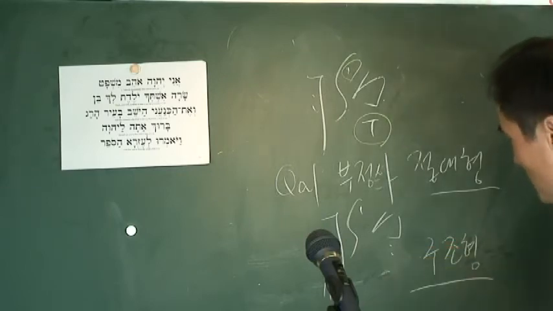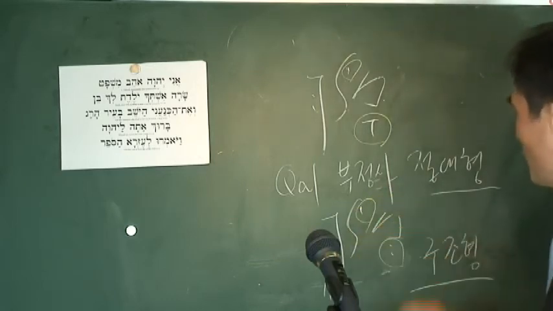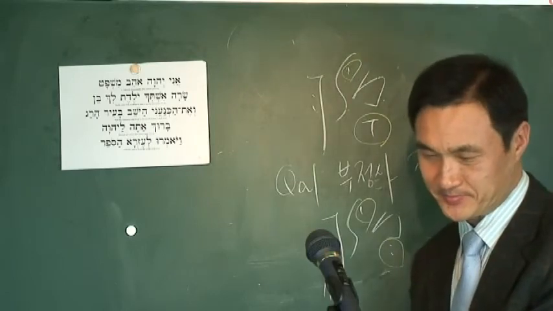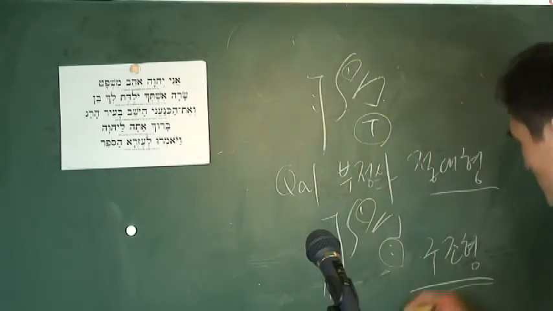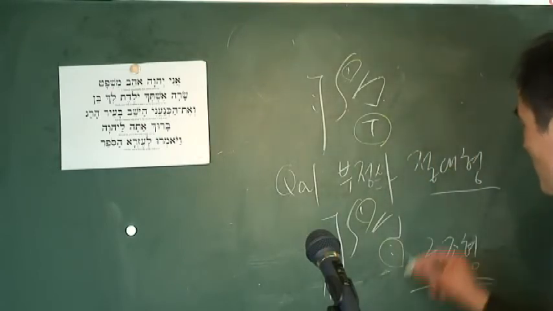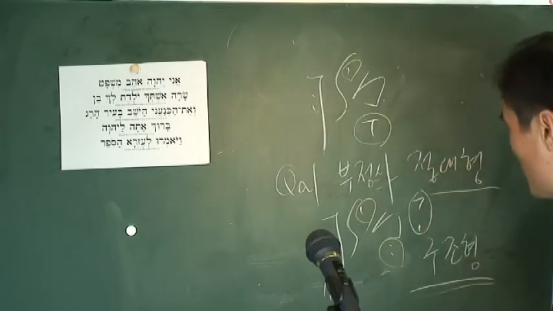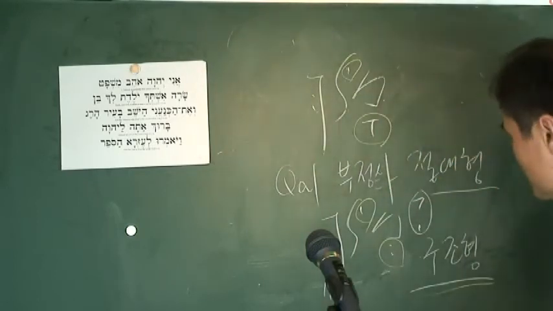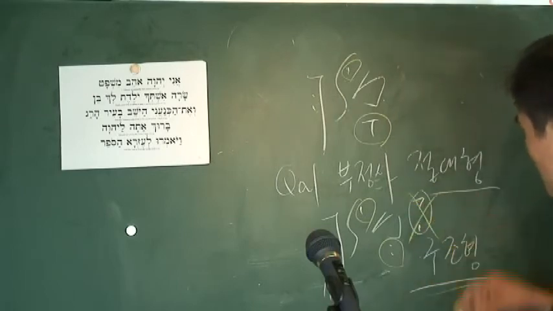This is the construct state of the Kal infinitive, and we will see a model that is made up of shewa, e, and o. The construct state has the same form as that of the imperfect form with the prefix removed.